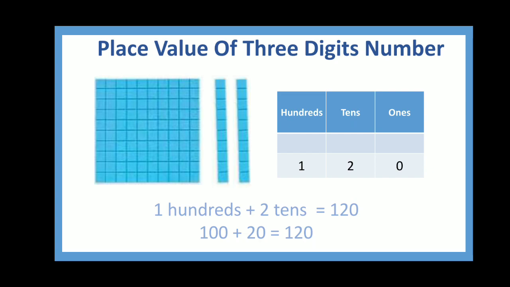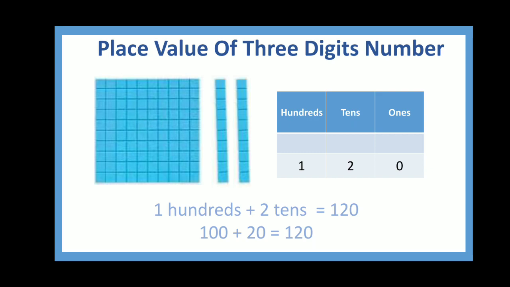Here is a quick review about the place value of 3-digit numbers, that is hundreds, tens, ones. Always remember 10 groups of tens is equal to 100. Let's count the boxes. There are 10 groups of tens, so it is equal to 100.